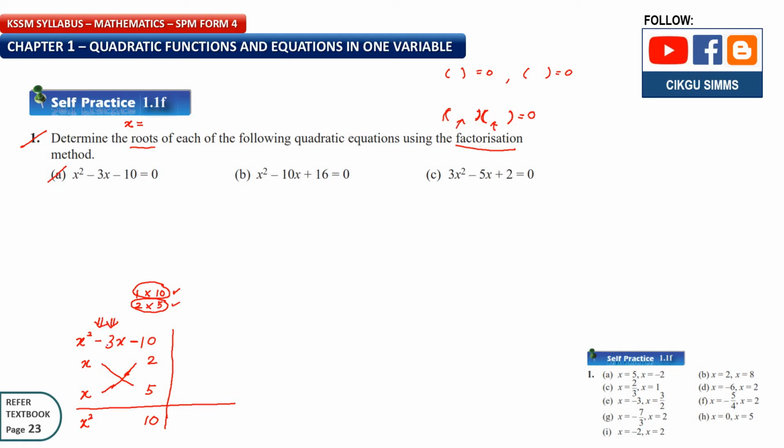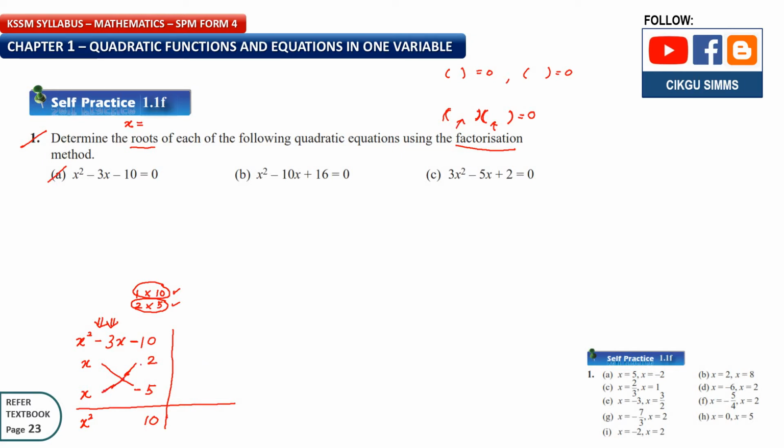You want to get negative 3. If I put negative at the 2, it's 5 minus 2, you get positive 3. So you cannot put it at the 2. You need to put it at the 5, because 2 minus 5, you get negative 3. Okay, so here is for you to check.